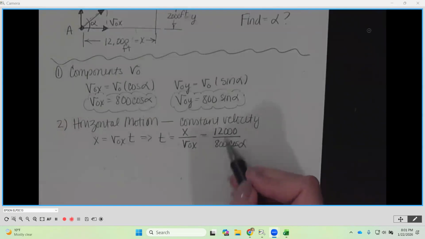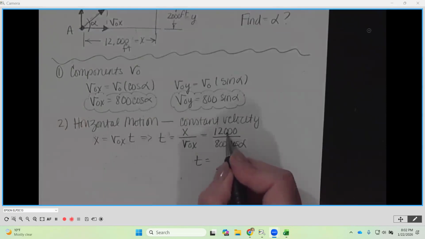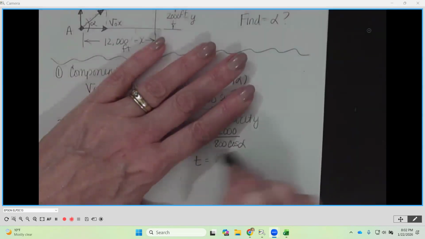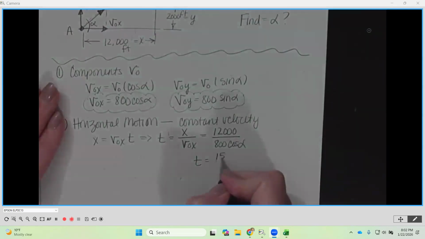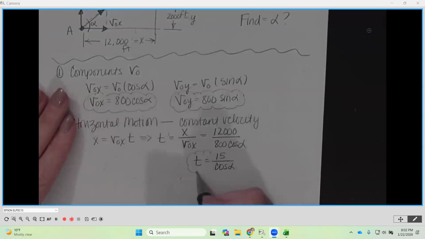So we can reduce this by taking 800 and dividing it into the 12,000. So we can say that our time is going to be equal to, if we take 800 into 12, it's going to be 15. So this is going to be 15 on top divided by cosine alpha. Okay, so that's going to kind of sit out here.